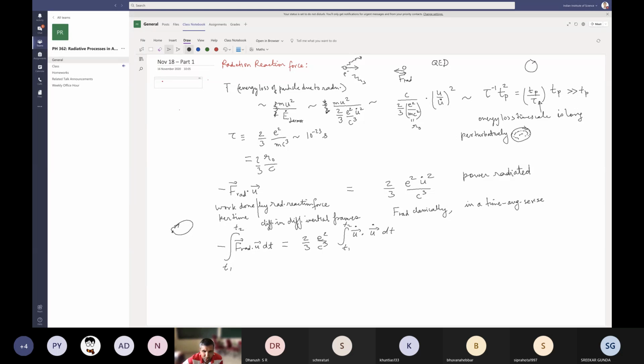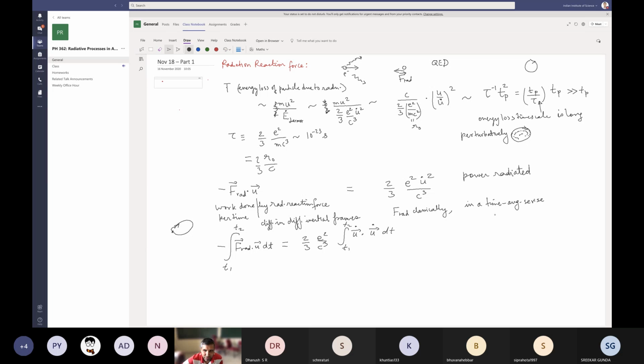So what I'm saying here is that this force expression cannot be true instantaneously, because this force turns out to be dependent on which inertial reference frame you're using. The forces, we know, should be the same in all inertial reference frames.